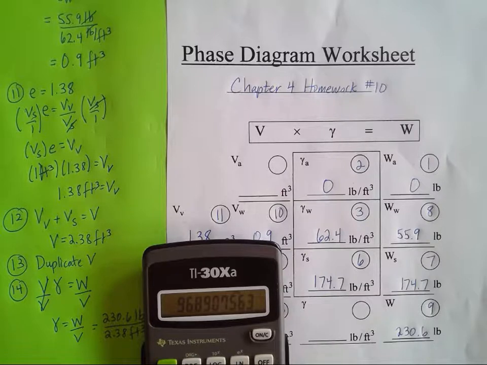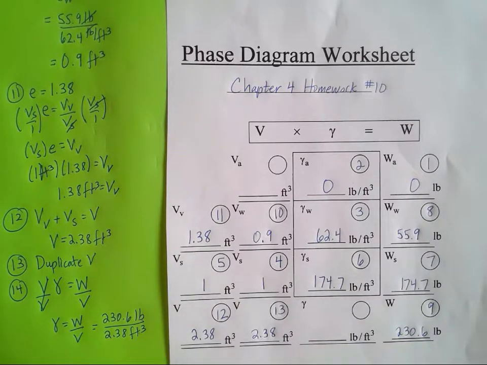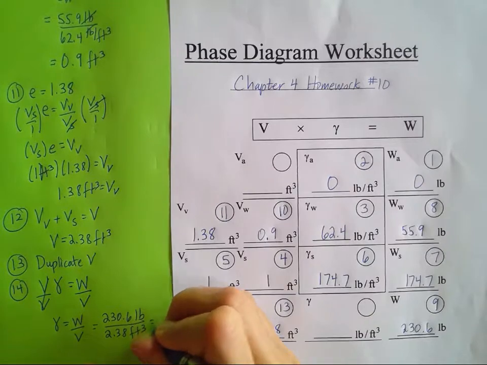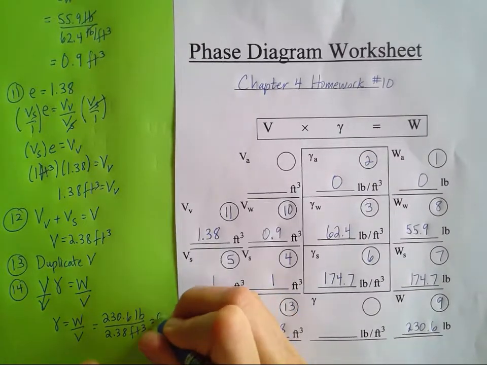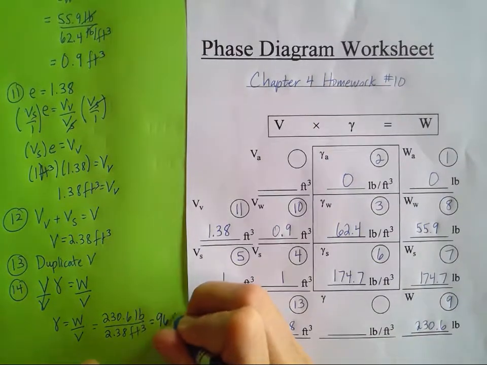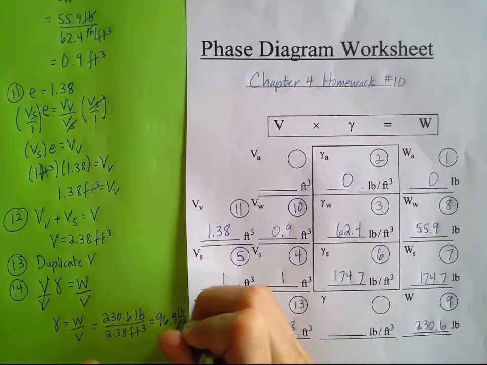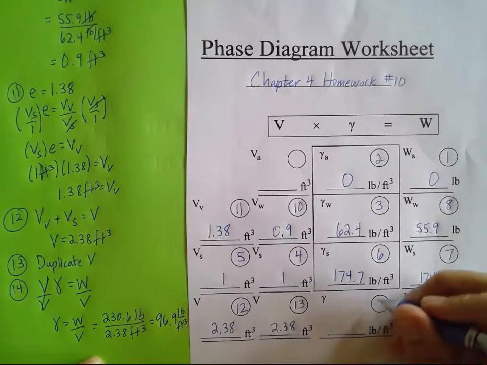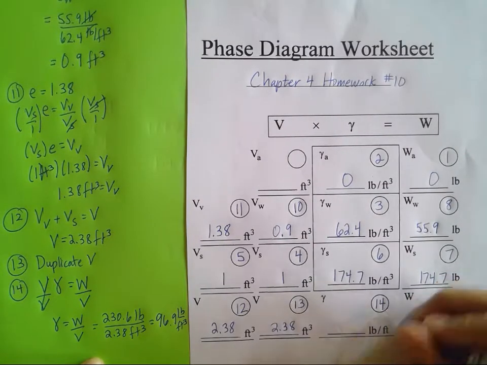And you get this nice long 96 point, but remember just one decimal place for unit weight there, so 96.9 will work for us. Just stick it in here, 96.9, and it's pounds per cubic foot. And that's going to be my 14.